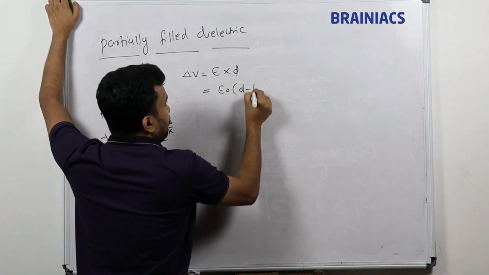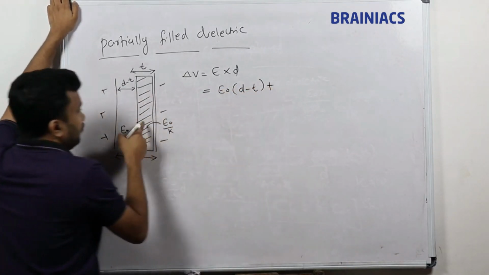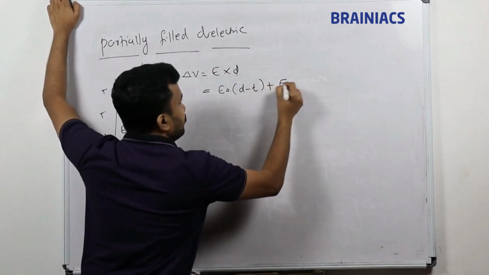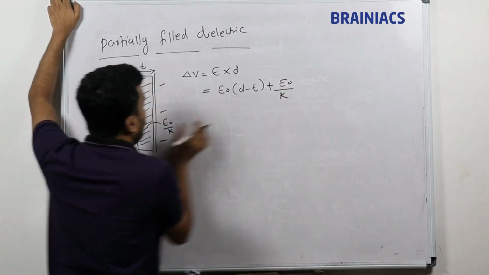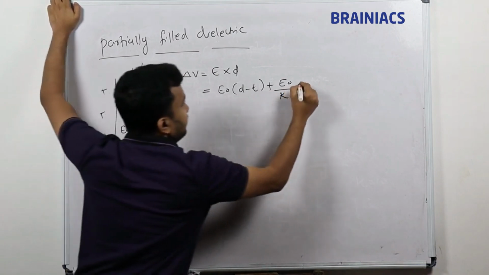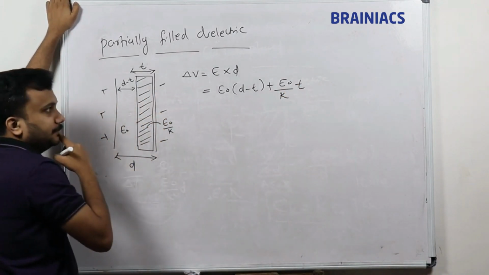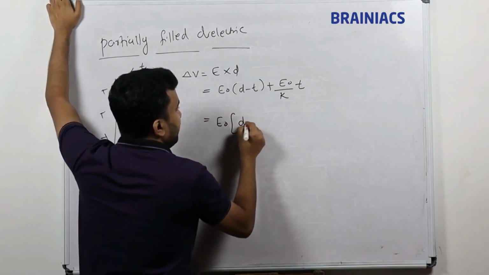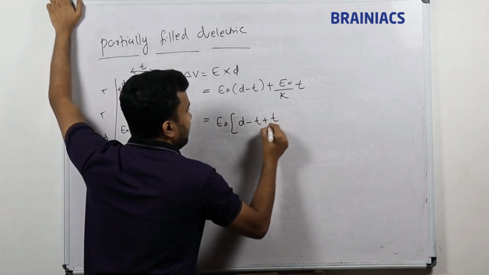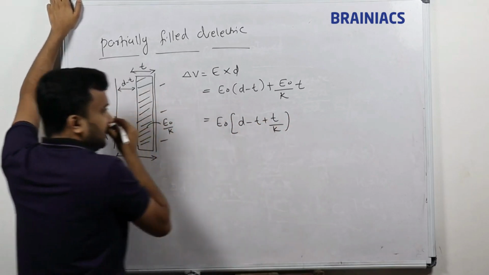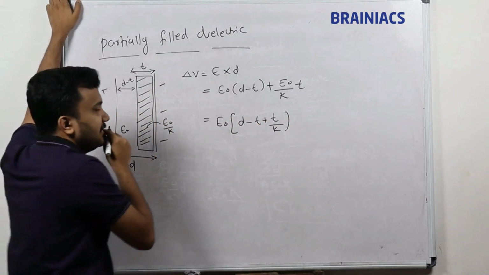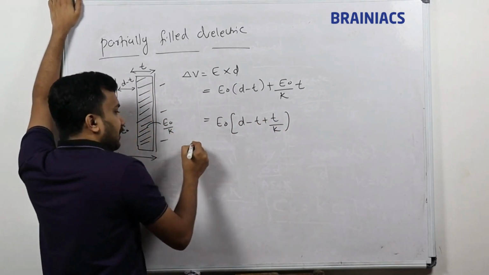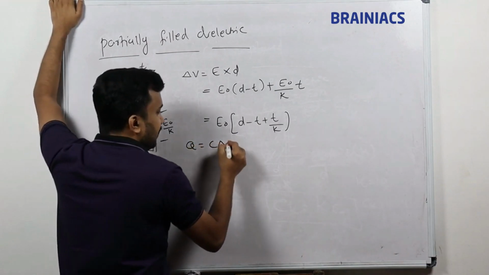So E0 into (d minus t), plus E0 by K spanning a length t. Taking E0 outside, we get E0 times (d minus t plus t divided by K). Next, we will go with our capacitance equations, and Q is equal to C into delta V.